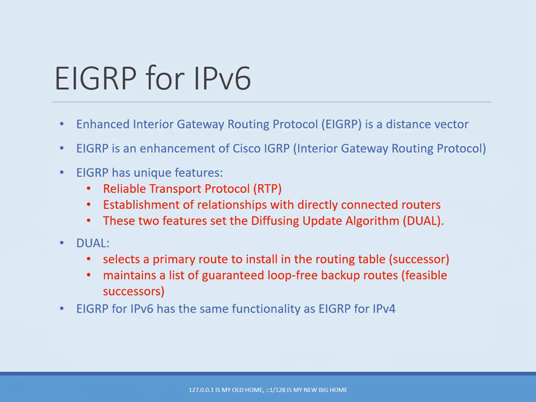EIGRP for IPv4 runs over the IPv4 network layer, communicating with other EIGRP for IPv4 peers, while EIGRP for IPv6 has the same functionality, but it uses IPv6 as the network layer transport to communicate with EIGRP for IPv6 peers.